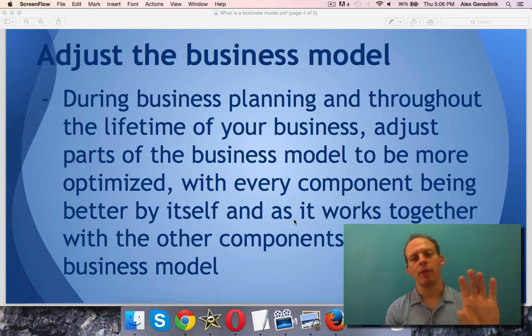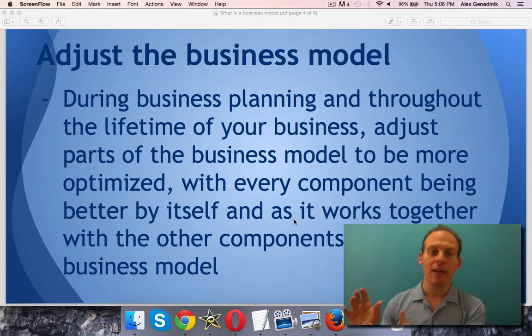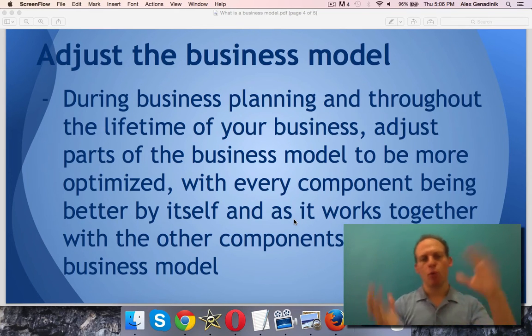Maybe the product becomes more sophisticated, and then the target consumer becomes a high-end consumer. Just as an example. Well, then a lot of your marketing efforts may have to change as well, and things that were working may not work because all of a sudden the product is best for a different kind of person. So you always have to keep all these things in mind, and when you get it all to work well, that's a good business model.